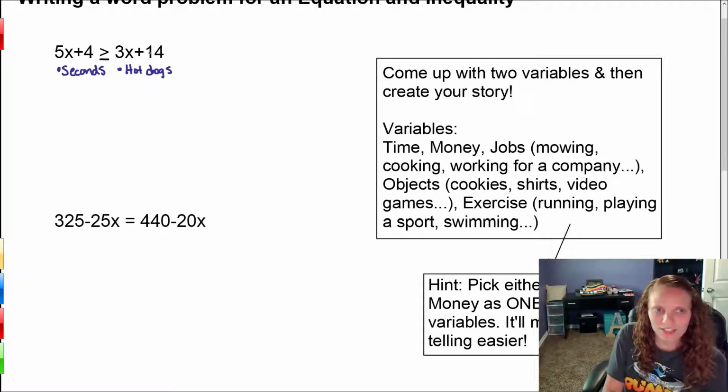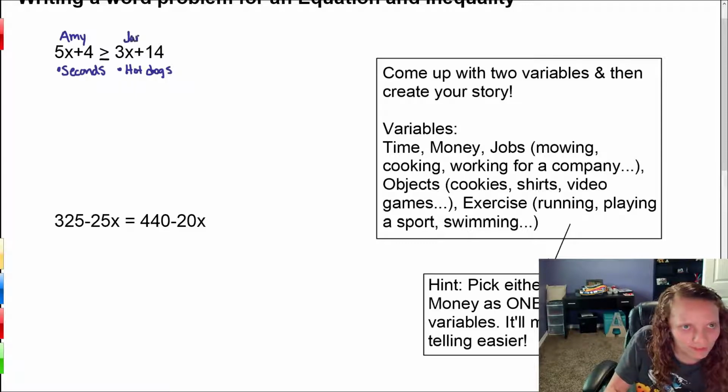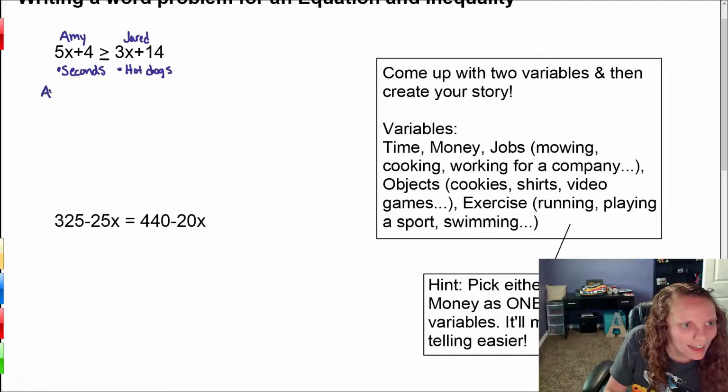We have two sides of the inequality symbol, so we need to be comparing two different people or things, and I'm going to use the left side to be Amy and the right side will be Jared, and they will be eating hot dogs. Alright, Amy, let's begin with Amy.